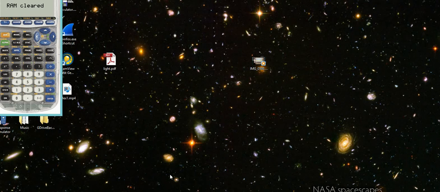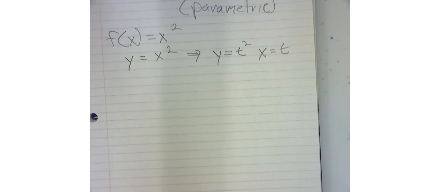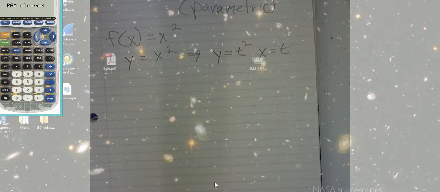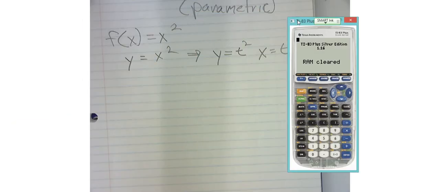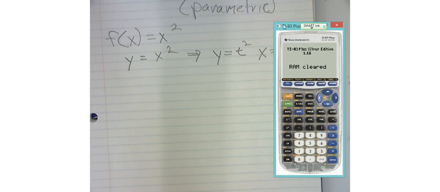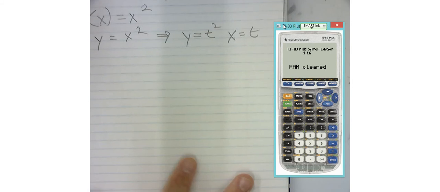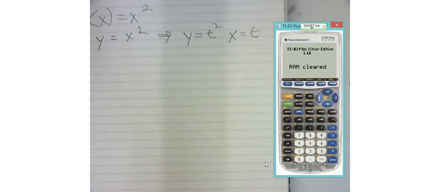Alright, so if I bring my graphing calculator in here, I want to graph my function in parametric equations. So first let's graph the original function. So I'm going to say x is equal to t and y is equal to t squared.